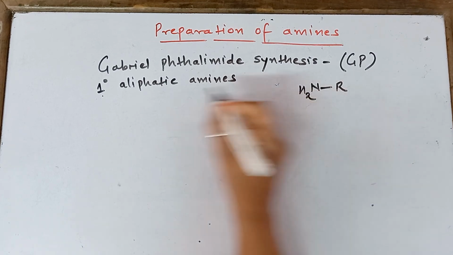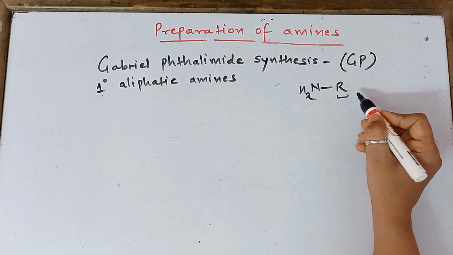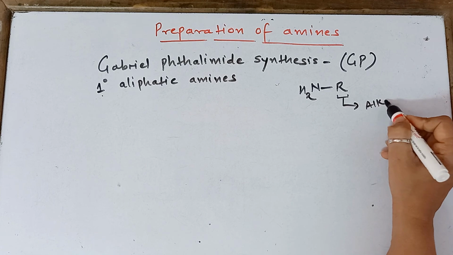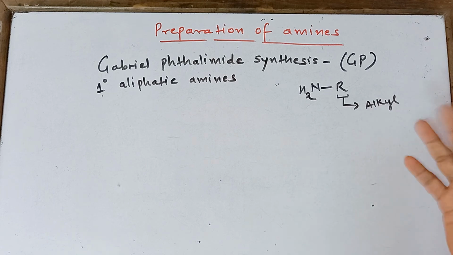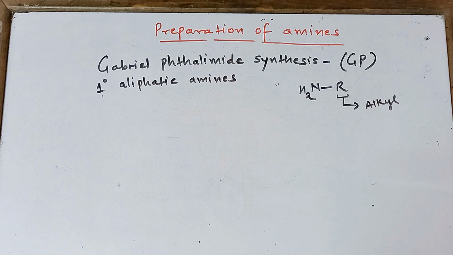Aliphatic means that it has to be a straight chain compound, which will be either an alkyl part coming from an alkane, or a part coming from an alkene, or a part coming from an alkyne. Most of the times, 99% of what we will see in our books, it is alkyl coming from an alkane. So let's see the Gabriel phthalimide synthesis.